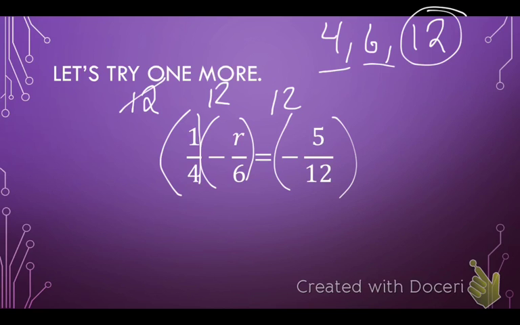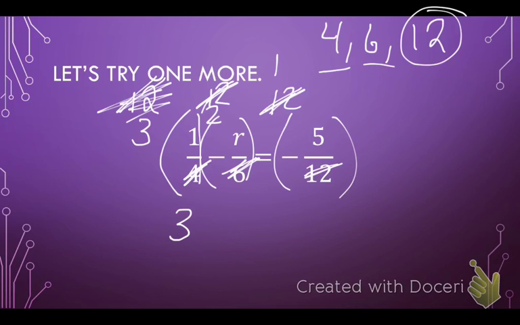So 12 divided by 4 is 3. So that goes away and becomes a 3. 12 divided by 6 is 2. And 12 divided by 12 is 1. So I'm going to multiply these numbers by the numerator. 3 times 1 is 3. 2 times -r is -2r equals -5.